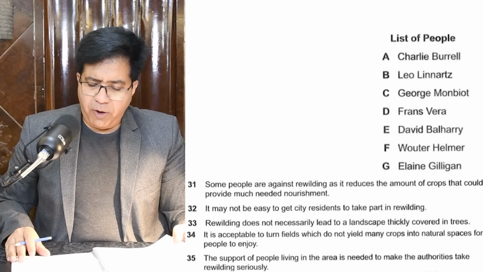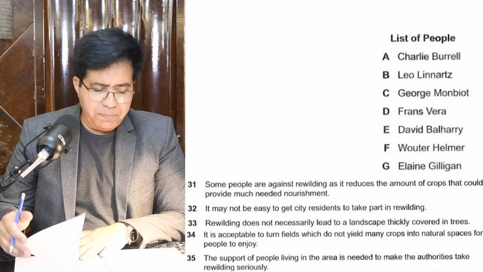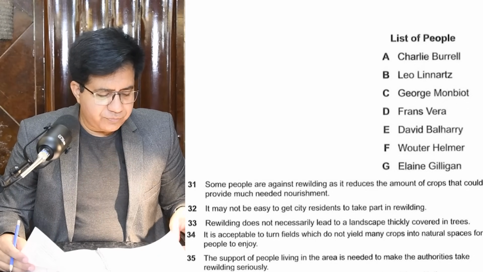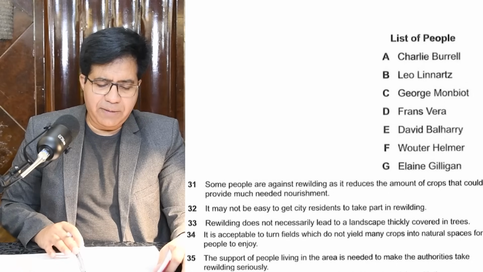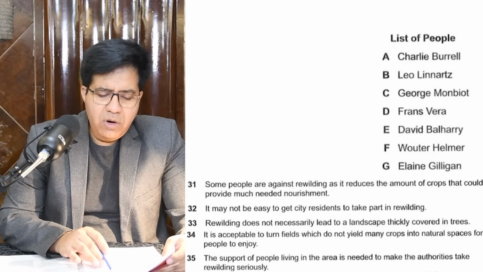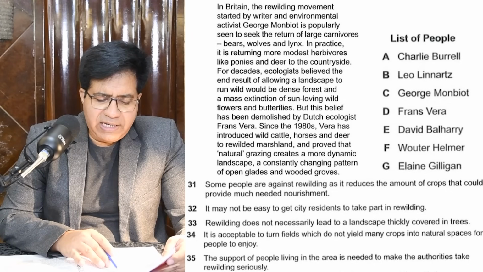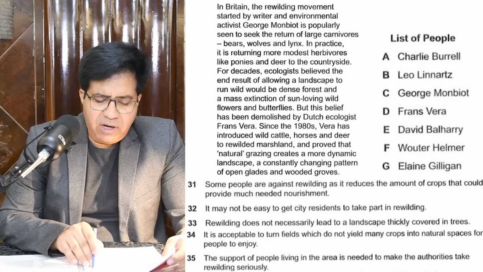Okay, now we have option C, George Monbiot. So where is George Monbiot? It's the third paragraph. Okay, please come to George Monbiot. Writer and environmental activist George Monbiot is popularly seen to seek the return of large carnivores, bears, wolves, and lynx.